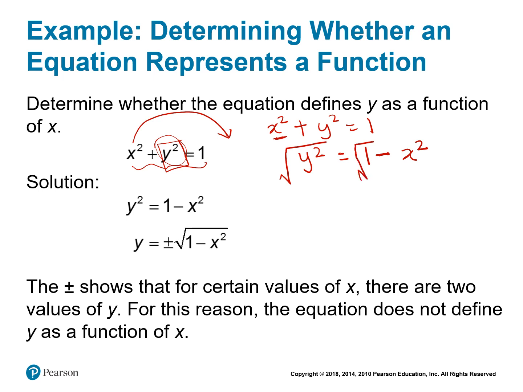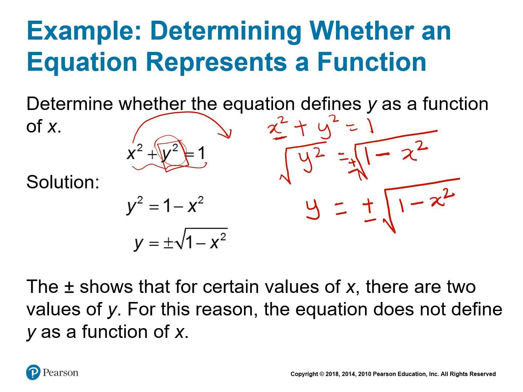We take the square root of both sides, which makes the square root of y squared equal to y. However, whenever we put a square root, we have to put a plus minus. So we get y equals plus minus the square root of 1 minus x squared.